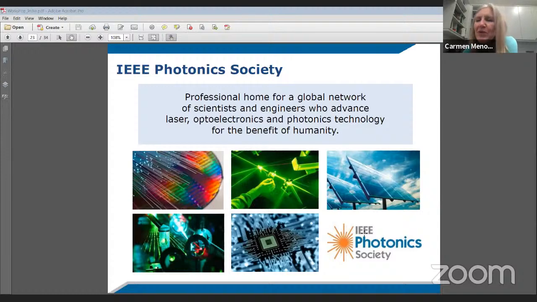Now what I want to do is I'm going to wear my hat of IEEE Photonics Society president, and I am going to tell you about the society. And so the IEEE Photonics Society is a professional home for a global network of scientists and engineers who advance laser, optoelectronics, and photonics technologies for the benefit of humanity.